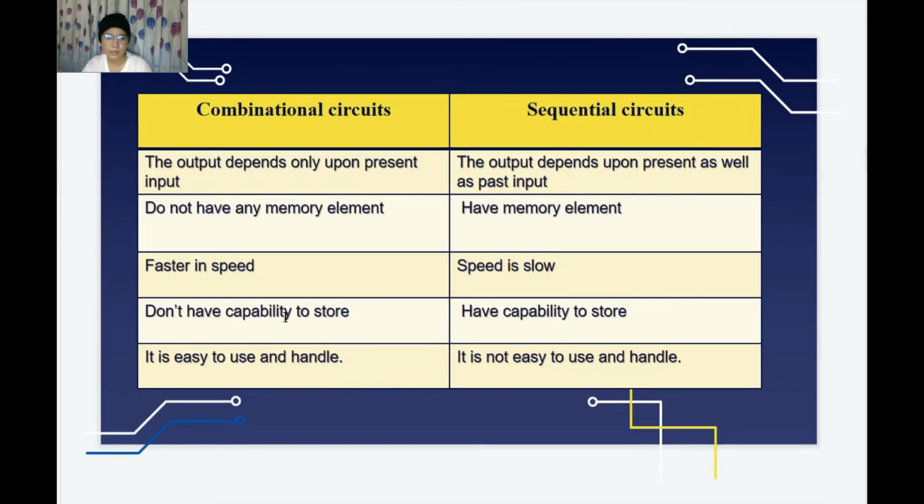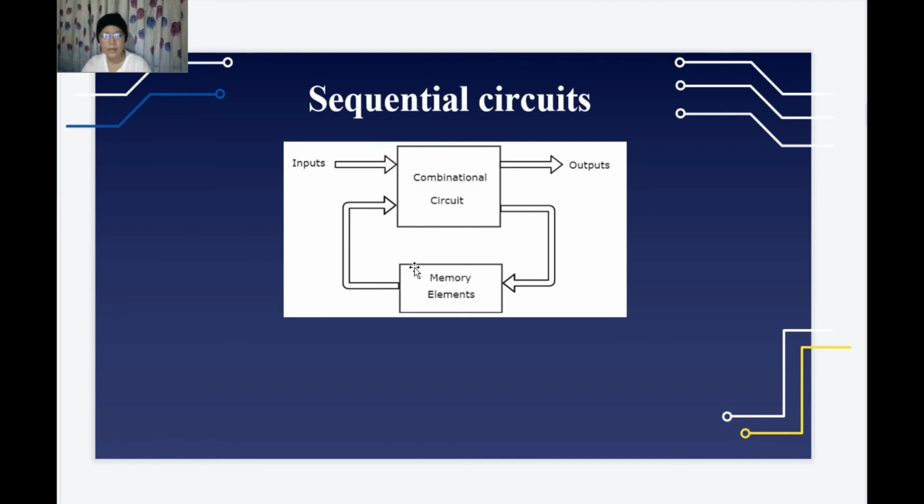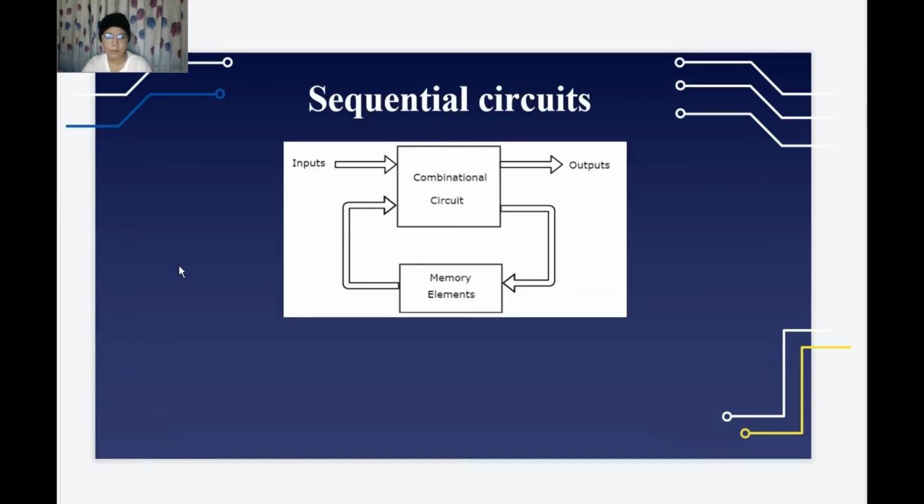Next, combinational does not have the capability to store because it does not have a memory element to store the data, while sequential circuit has a capability to store because of the memory element, so it can store previous data.